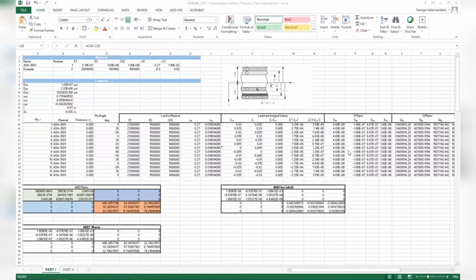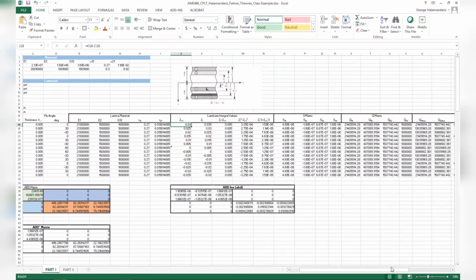So I've done that here. Again, your S matrix, which is your compliance matrix. Your Q matrix is the inverse of your S matrix, but you can also calculate your Q matrix directly from these material properties, which is effectively what I've done here, using the relationships discussed previously.